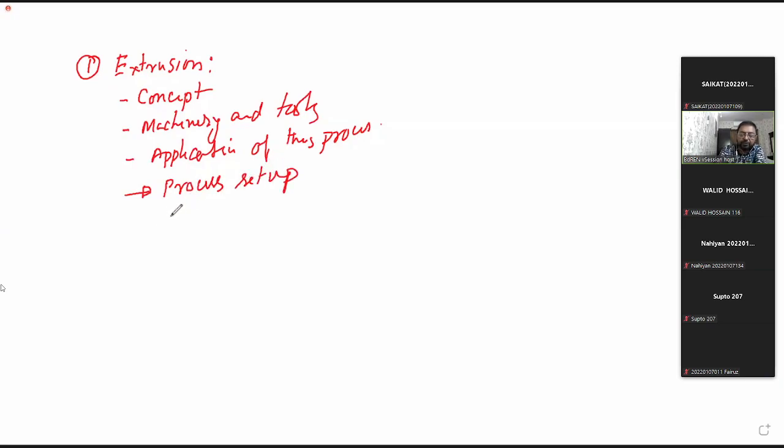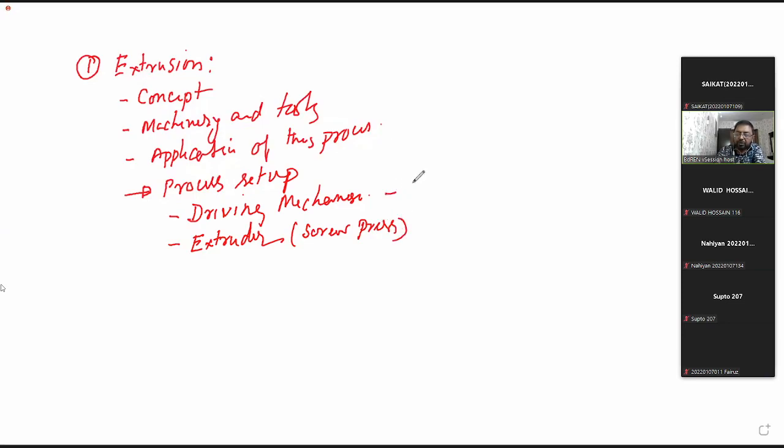Here in the process setup, we said there is the driving mechanism, then the extruder, that is, a screw press.